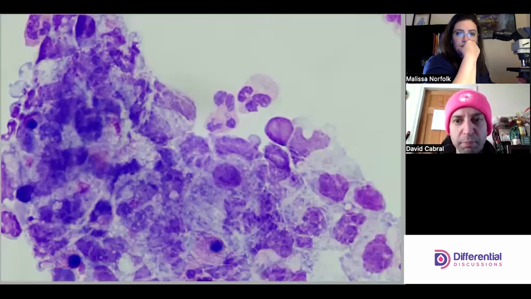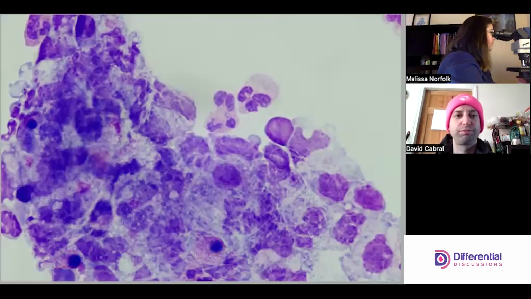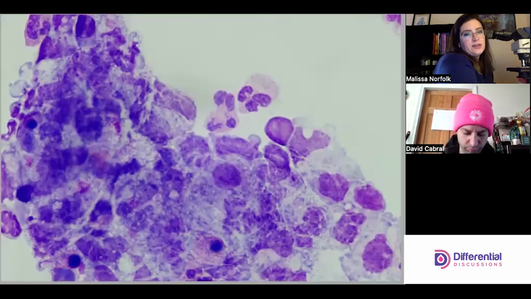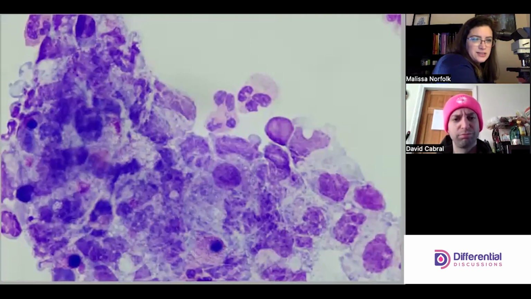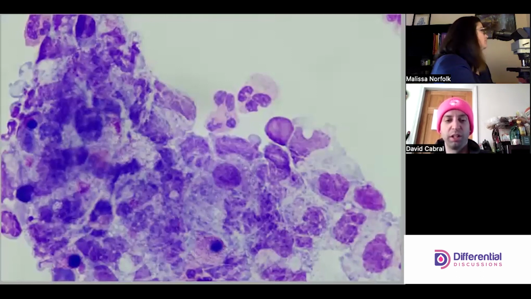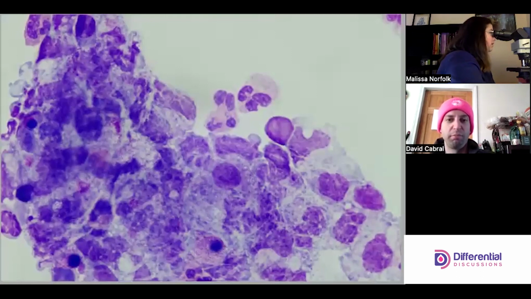I don't see anything crazy sticking out at me. No, I don't see anything either. And I don't think we can assess if there's any real phagocytosis here. We know there are phagocytic cells in this giant clump, but I can't really tell if this cell in particular is eating that one. Good point.